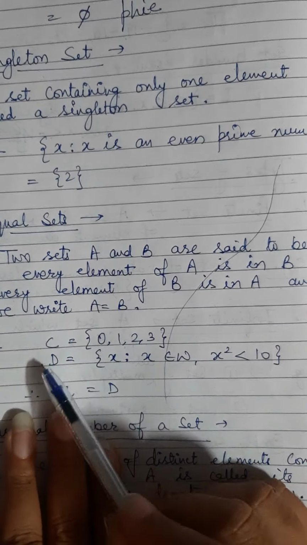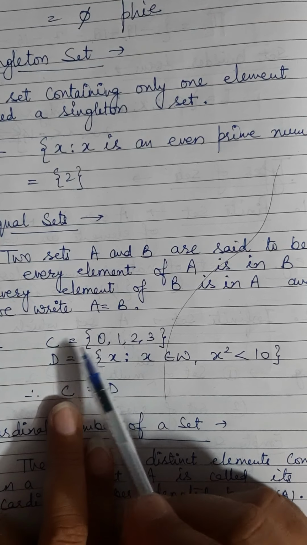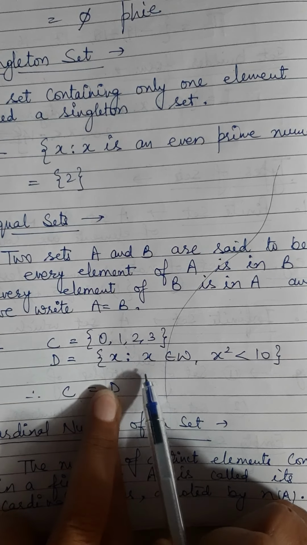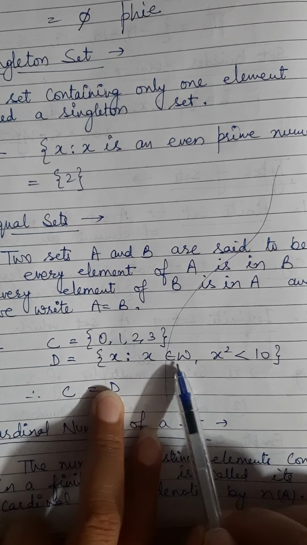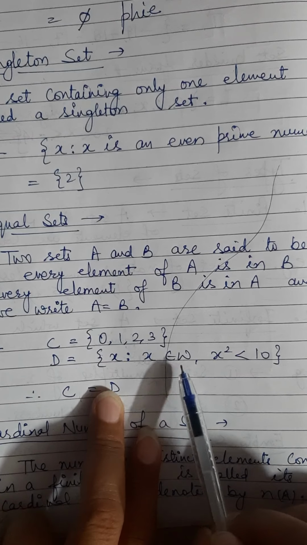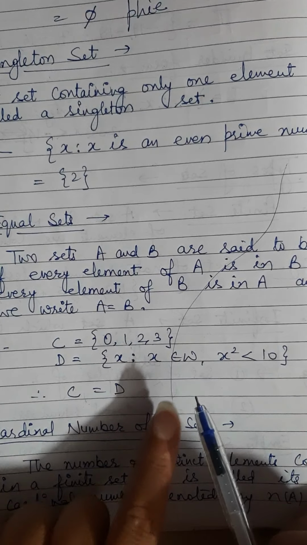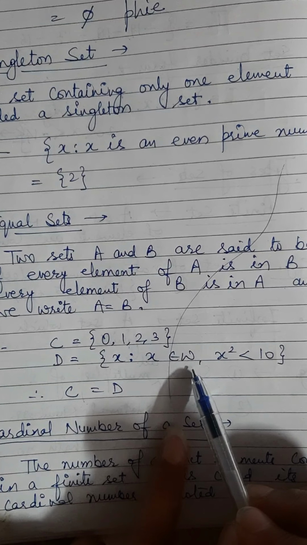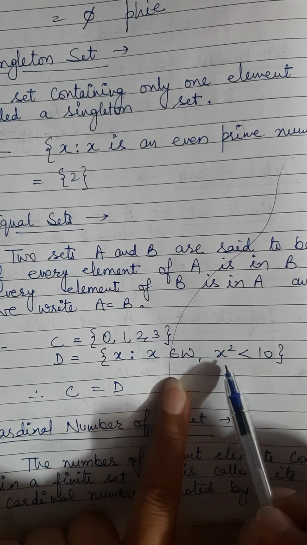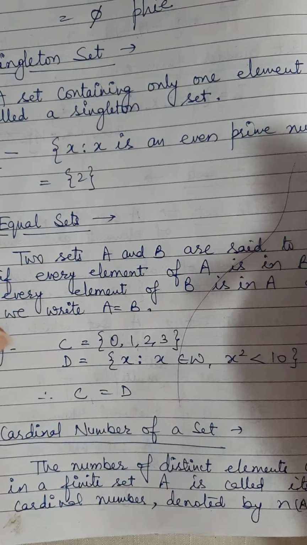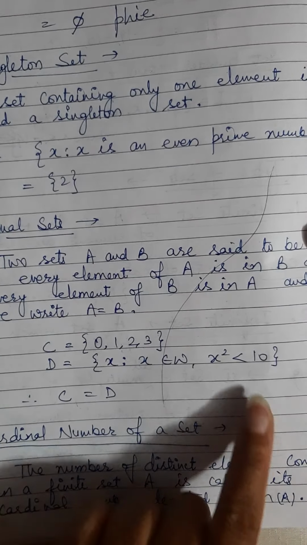Here you can see we have given the example. C is given like 0, 1, 2, 3, and D is given in set builder form: x belongs to W, the set of whole numbers, right? So x belongs to W and x square is less than 10. It means the square of the number is less than 10.